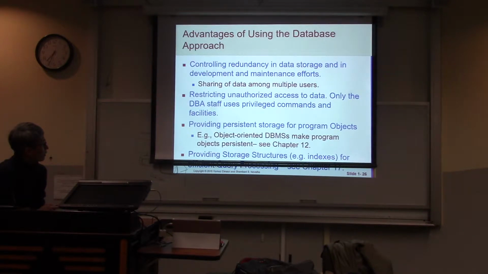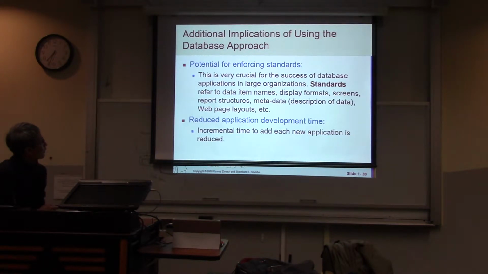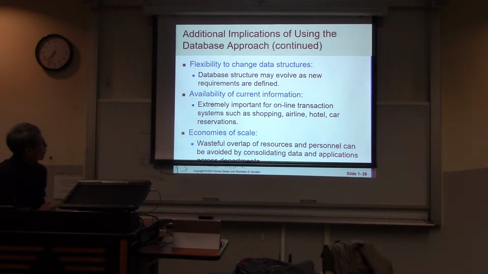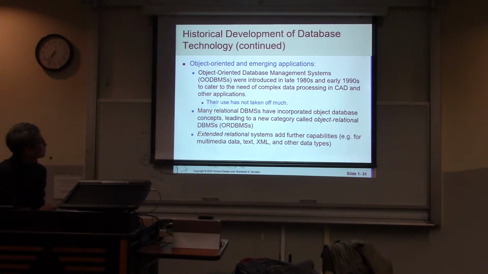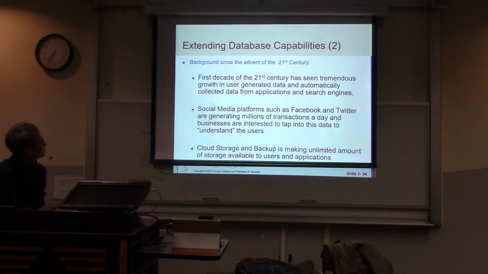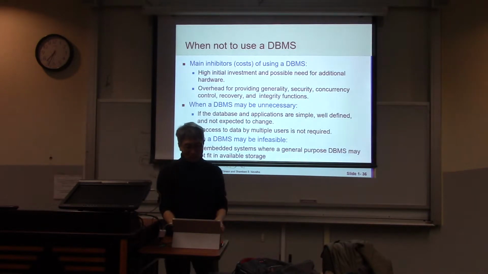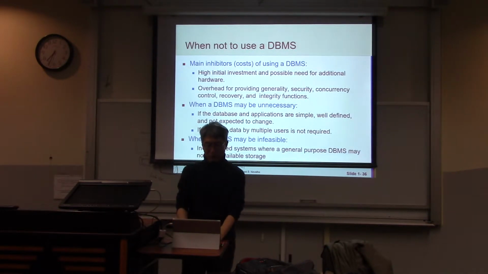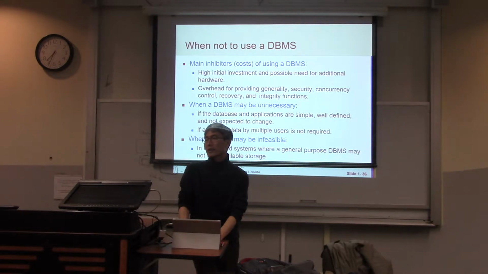We already talked about the advantages of the database, so you can quickly read and understand such things. Let's see, chapter 1 is done. When not to use a database, we already discussed. If the total data size is small, you don't have to consider a database management system.